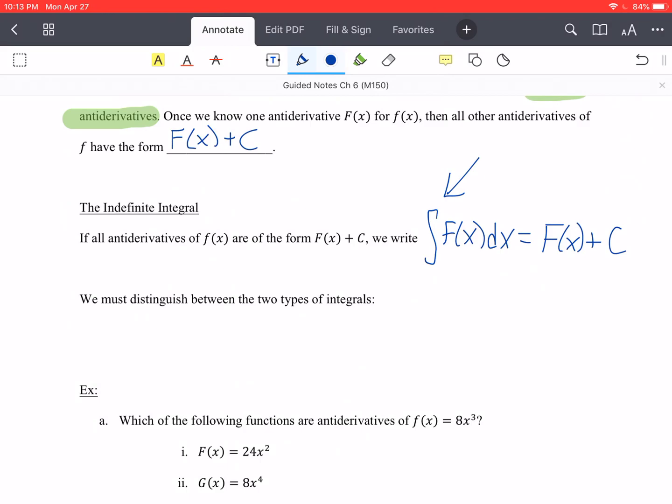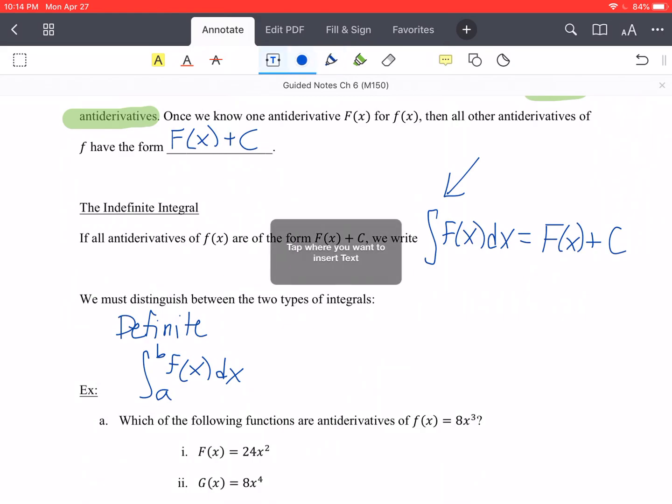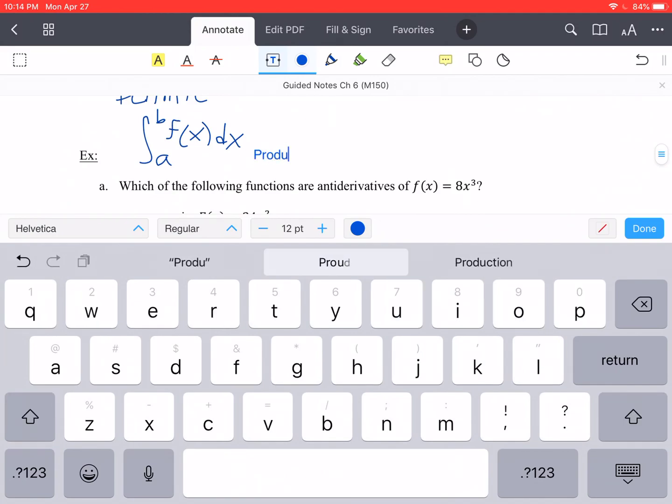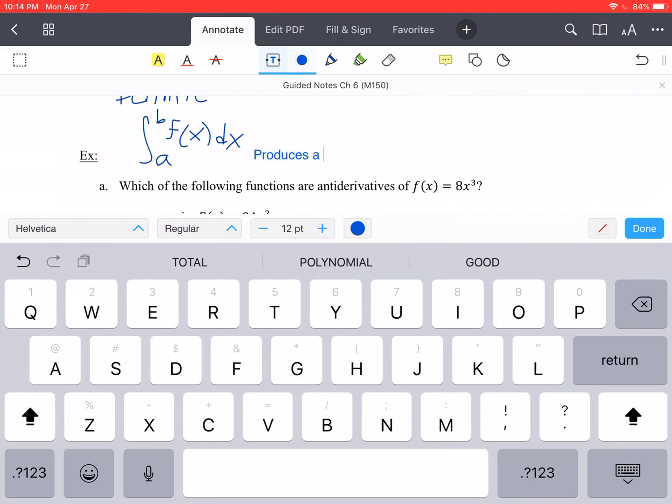We do need to distinguish between the two types of integrals that we've encountered. We saw before the definite integral, which is the integral with bounds, from a to b of f of x dx. An important thing to note is that we interpret this definite integral as area, which means that when we solve it, it produces a number.